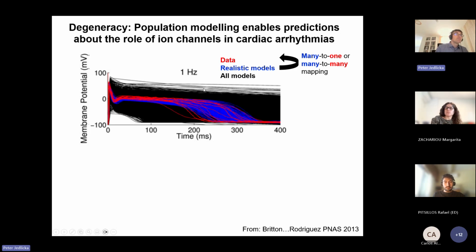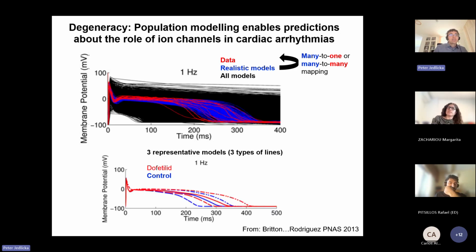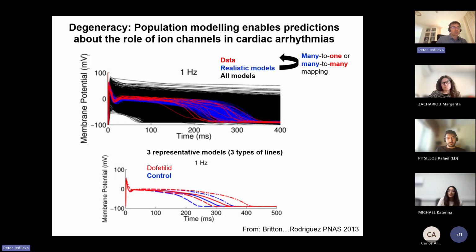So you see here many-to-one, or you could also say many-to-many mapping, because real cells also have heterogeneous responses. And that's an example from modeling from the group of Blanca Rodriguez. And the nice thing is that then you can also simulate pharmacology in silico. You can block some channels, and you can simulate the widening of the action potential if you apply, for example, dofetilide in silico.